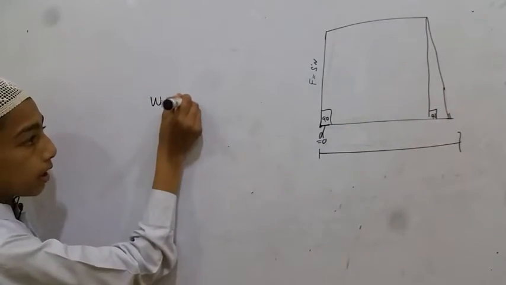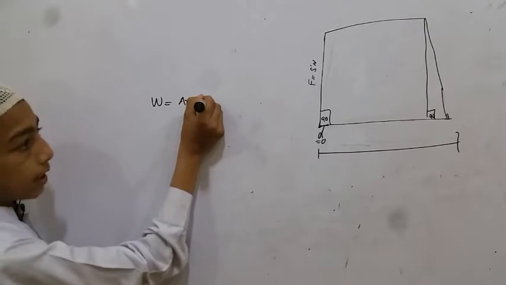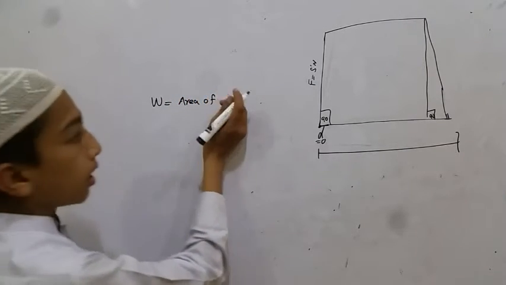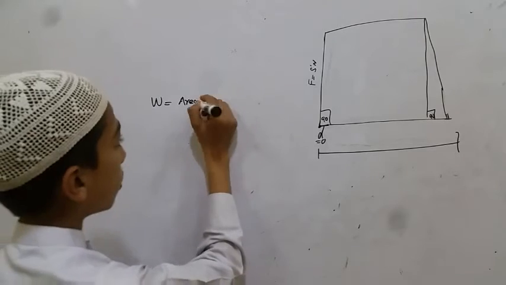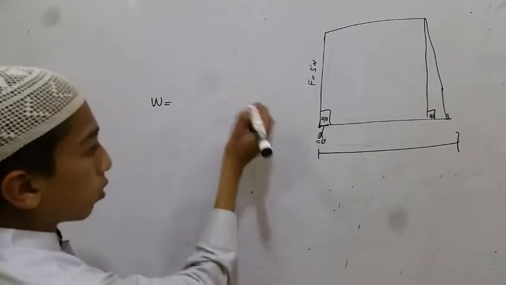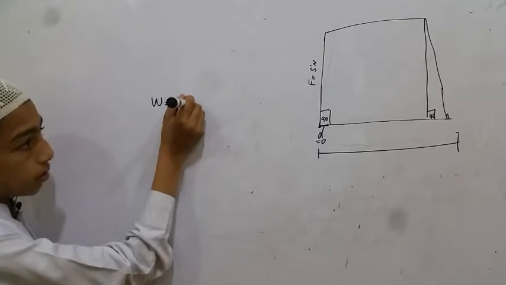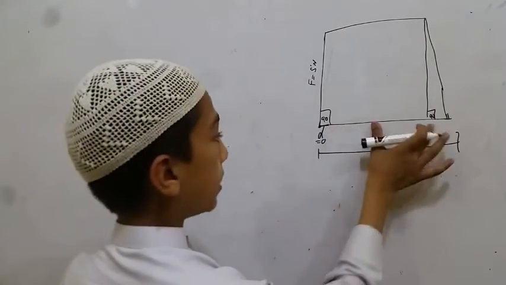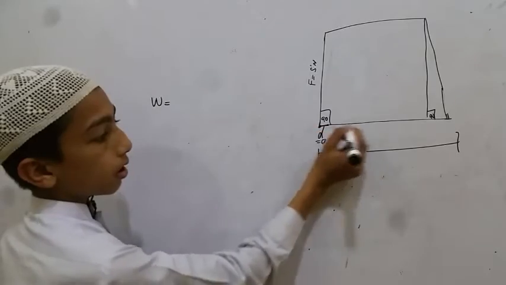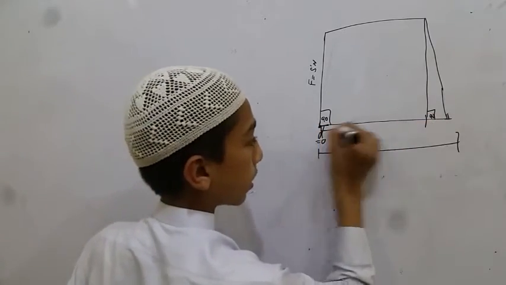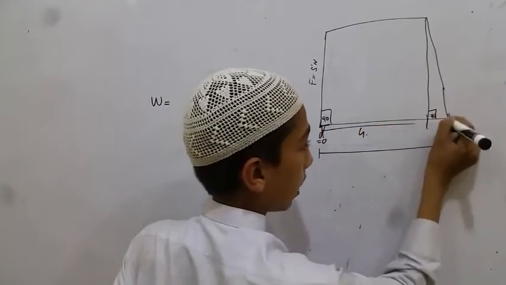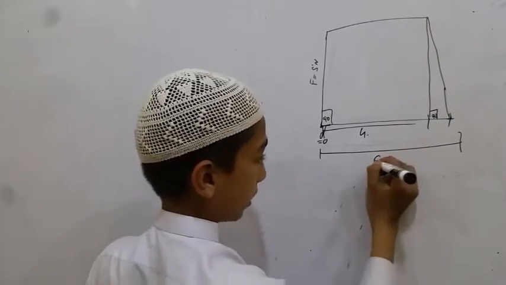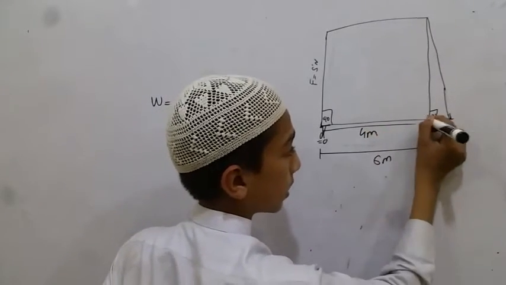In this case, work done is equal to the area of the trapezoid or area under the graph, and it is equal to force into distance. Area of this graph: this distance is given 4, and the total whole distance is 6 meters. So the remaining is 2.